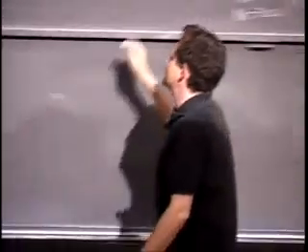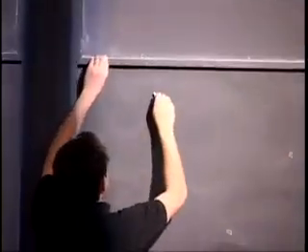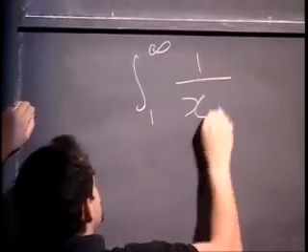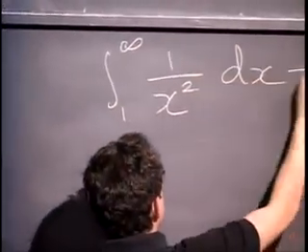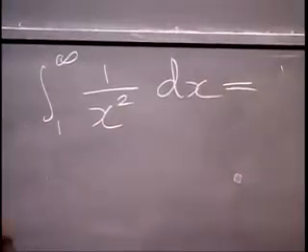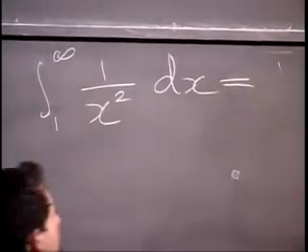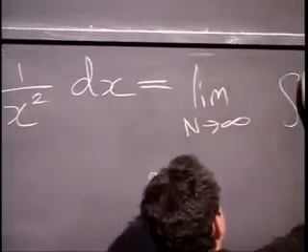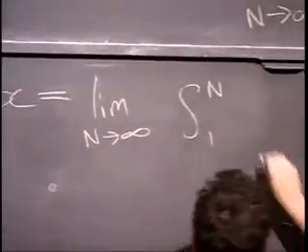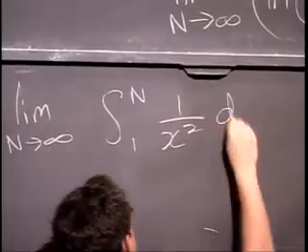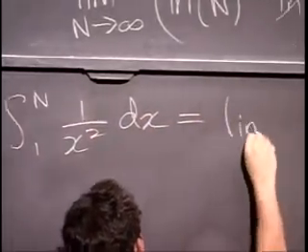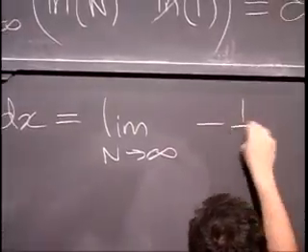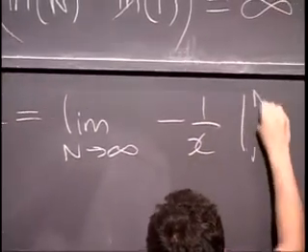On the other hand, now let's look at this integral. Integral from 1 to infinity of, let's consider 1 over x squared. Could be the same graph, that graph up there. So I'm going to go from 1 to n. And the integral of 1 over x squared is minus 1 over x. We're going from 1 to n.